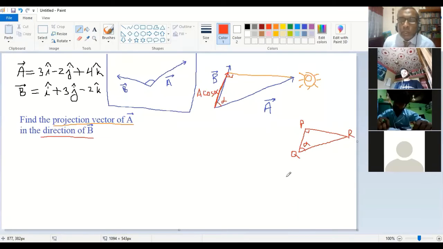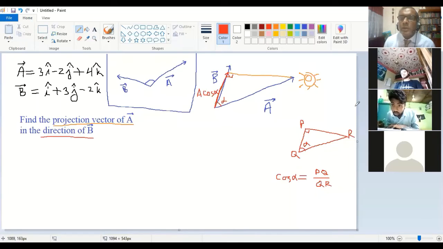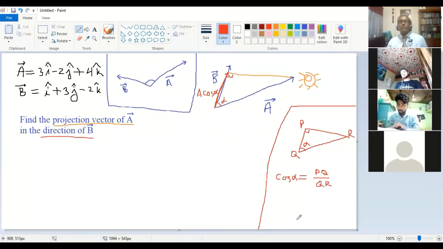So what will you write for cos alpha? Cos alpha for this triangle, you will write PQ by QR. Is that okay or not? I am saying this trigonometry to explain the vectors, if you are not sure.